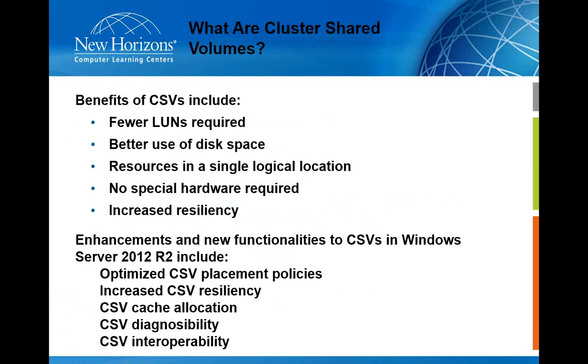All the others, the passives in that cluster, could not see the shared storage until the active node released it. That meant that we had longer downtime when a failover event occurred, because the active had to release the control of the LUN that it was using before any passive could take it over.